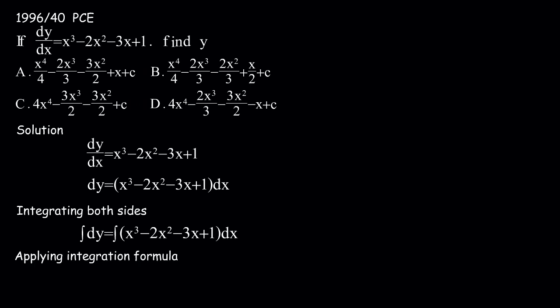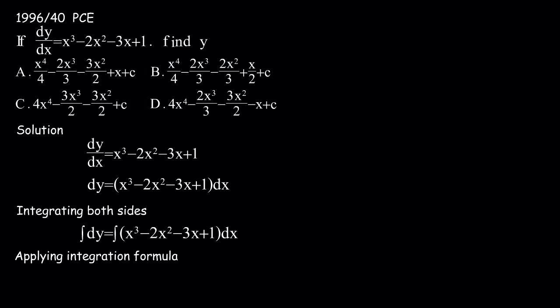Now integrating using our integration formula, we have y to be equals to, integrating s cubed, it becomes s to the power of 3 plus 1 divided by 3 plus 1, which is s to the power of 4 divided by 4, minus, integrating 2s squared becomes 2s to the power of 2 plus 1 divided by 2 plus 1, which is 2s cubed divided by 3, minus, when we integrate 3s, it is 3s to the power of 1 plus 1 divided by 1 plus 1, which will lead to minus 3s squared divided by 2.